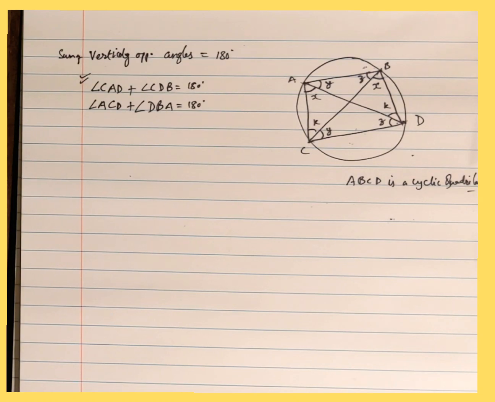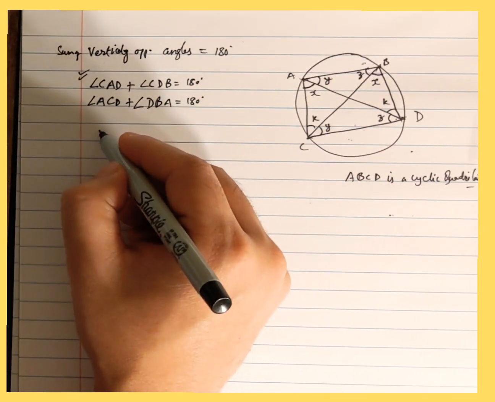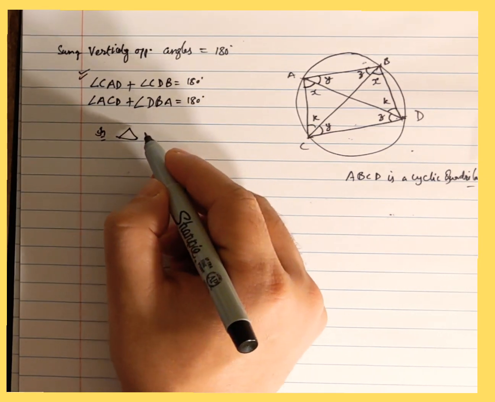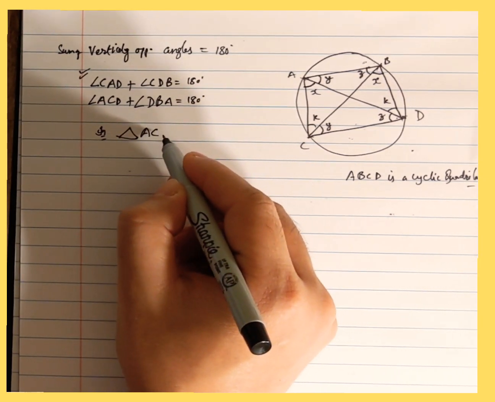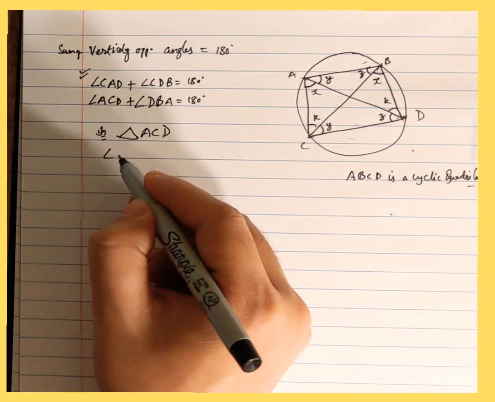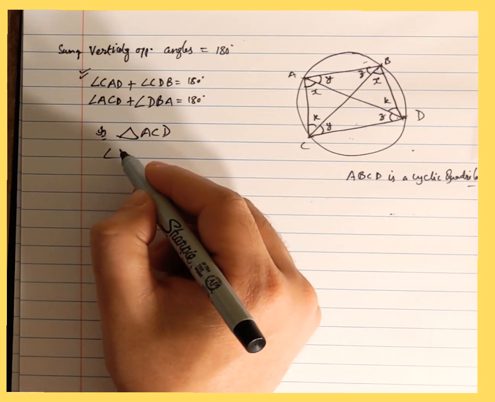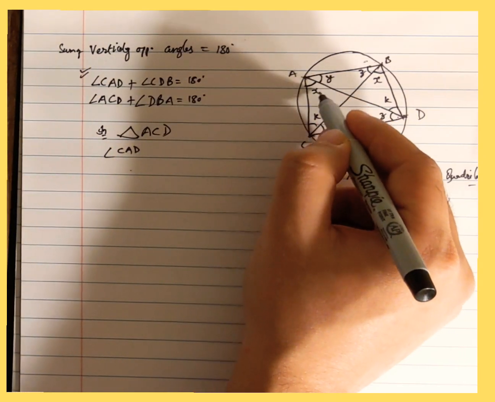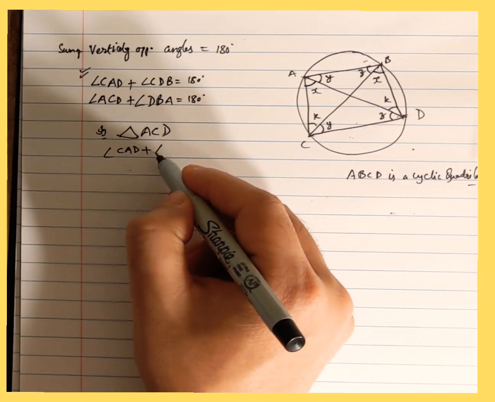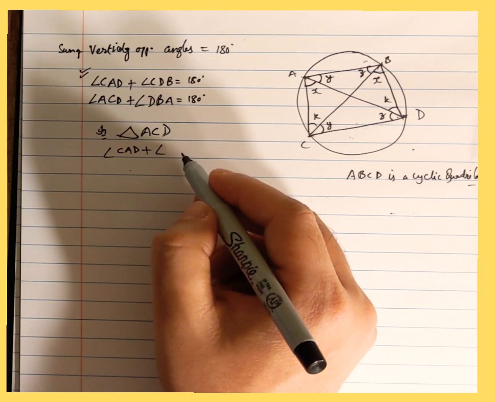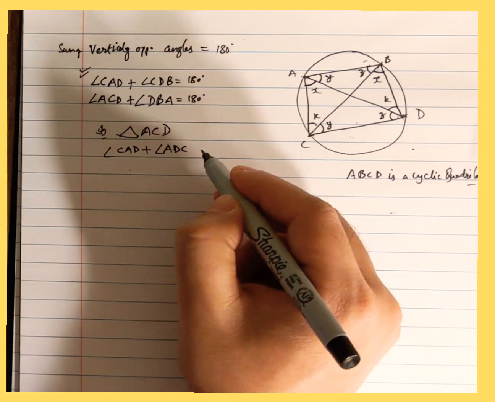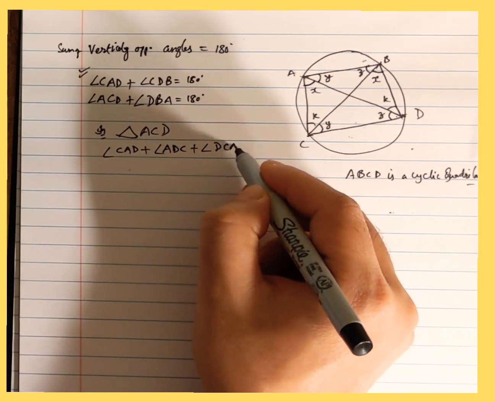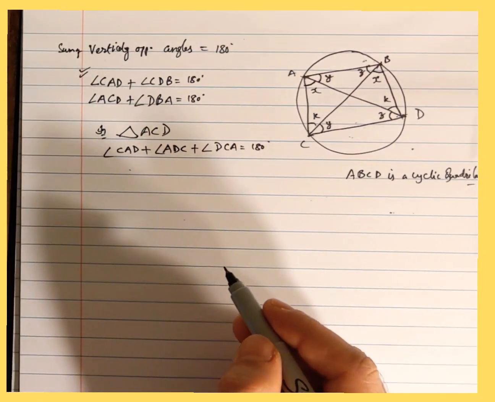Now if you notice, in triangle ACD, angle CAD plus angle ADC plus angle DCA equals 180 degrees.